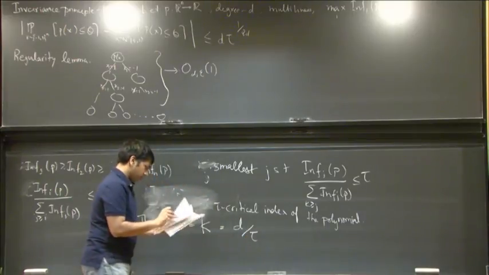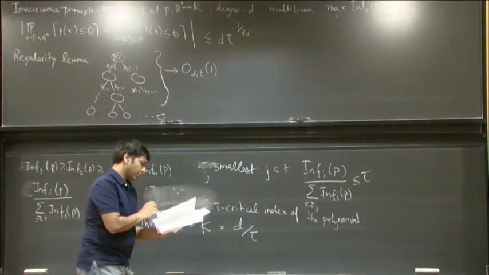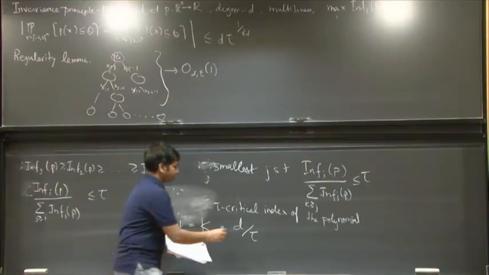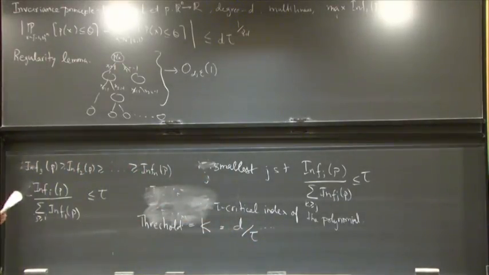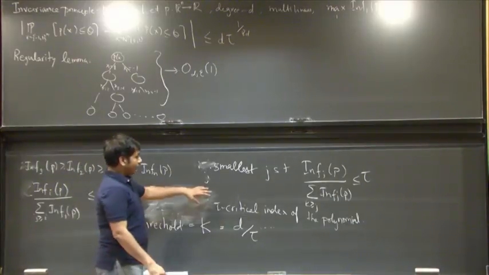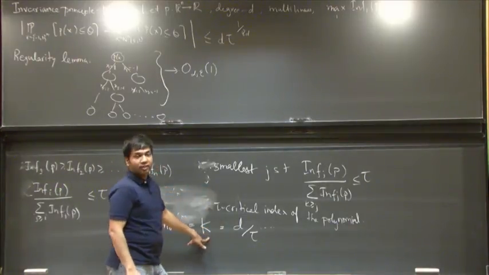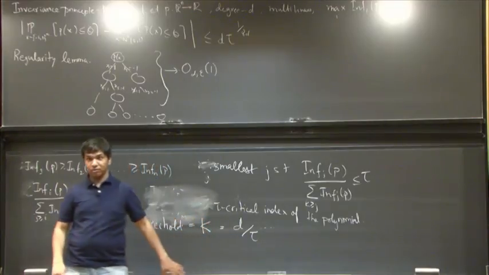I was supposed to have it written down. Okay, we choose some threshold. You fix some constant value K, and then you ask the question: is the critical index larger than this number or smaller than this number?